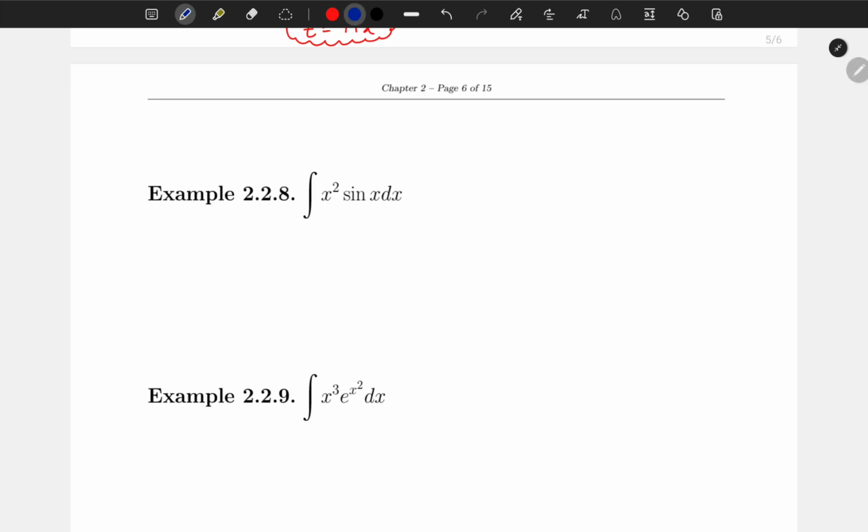So now we realize that we can use LIATE to decide what u is, but sometimes this will not work. In some situations, we will have to use integration by parts multiple times.